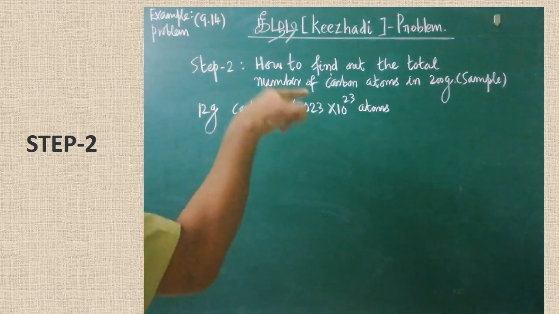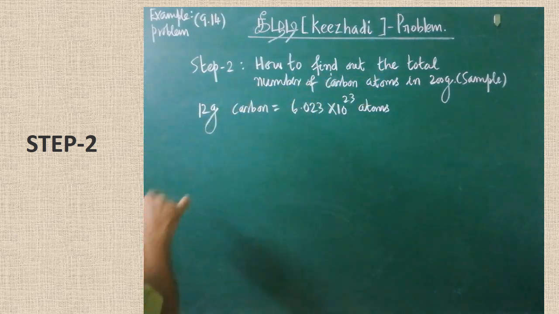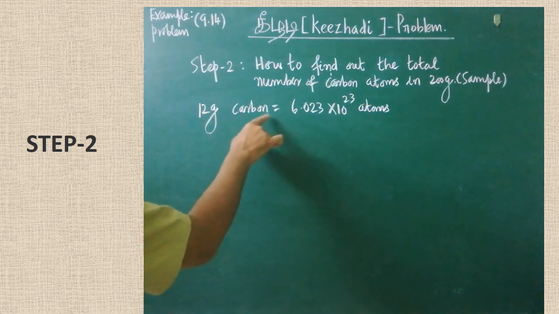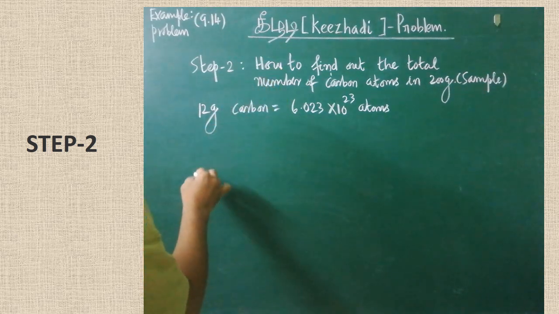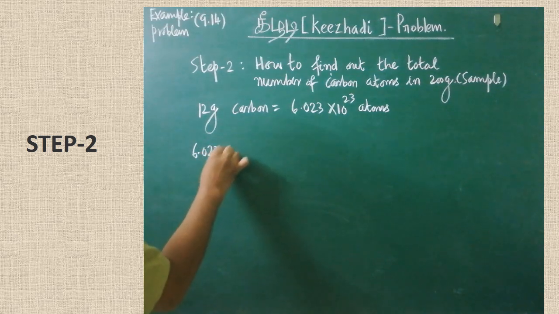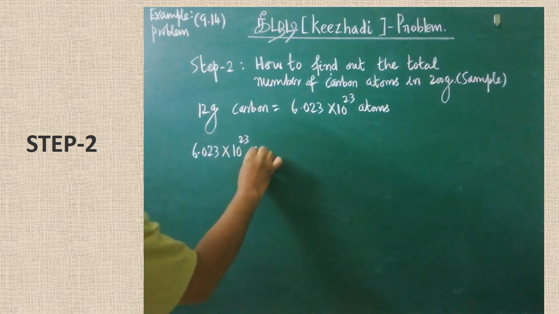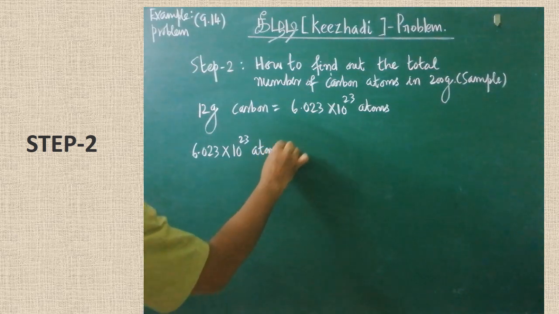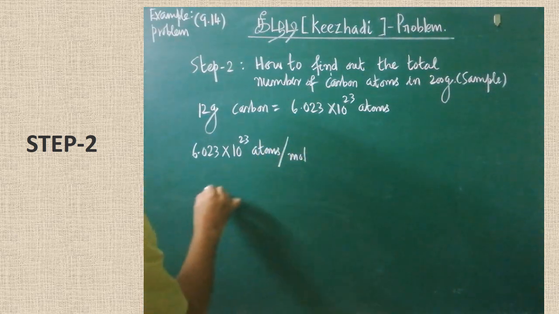Now we are going to find out how many carbon atoms are present in 200 gram. 12 gram of carbon contains this many atoms. How to find out? Look at the simple formula. 6.023 into 10 to the power of 23. What is this? They are all the number of atoms present in 1 mole of carbon.